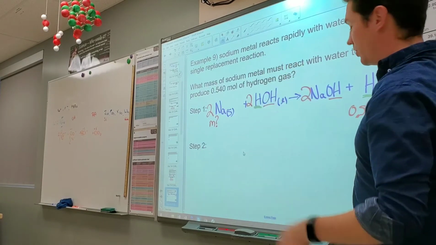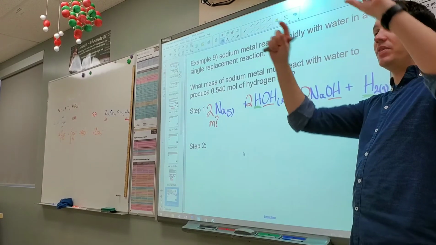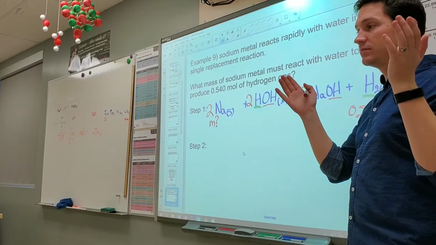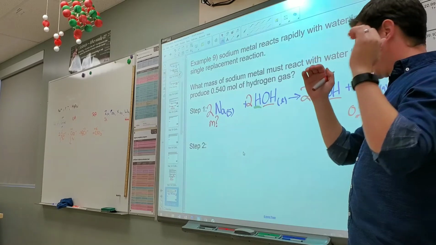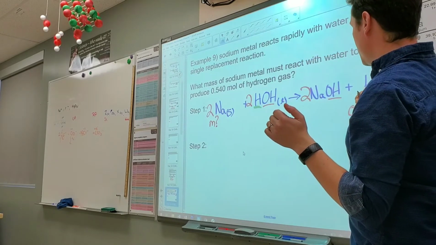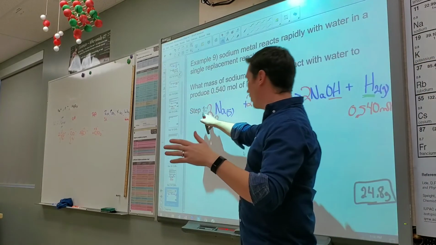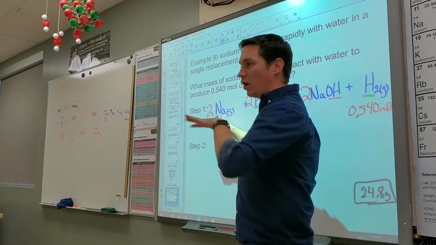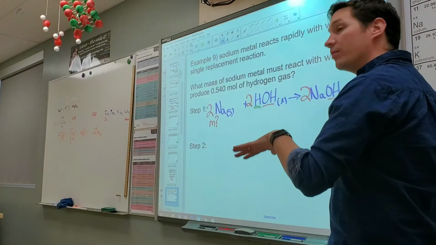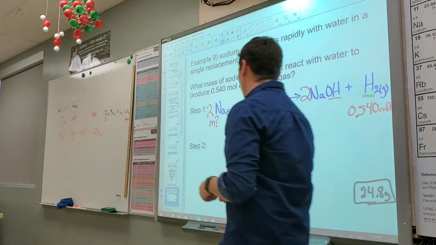You can always have the molar ratio. The molar ratio is something over something. What is it? It's the moles of the unknown substance over the moles of whatever is being given to you, right?